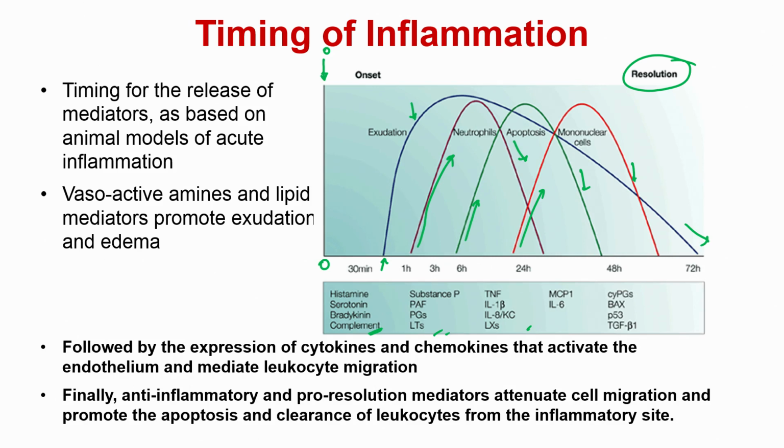There is also some text listed here talking about the initial acute inflammation happening, some vasodilation that leads to edema and swelling of the site, followed by lots of cytokines and chemokines from the endothelium and leukocyte migration, and then finally clearance of all this if the threat is mitigated.